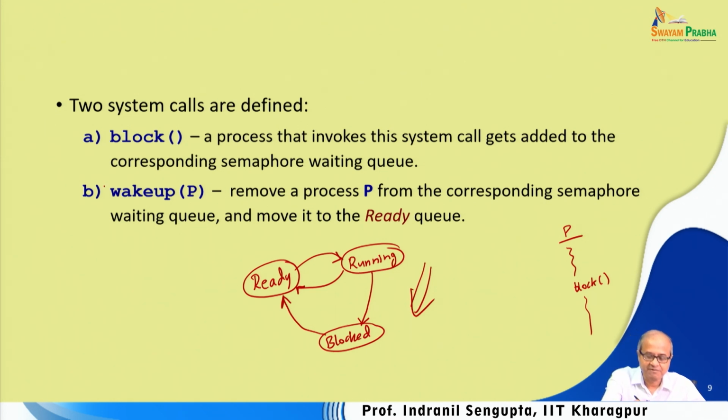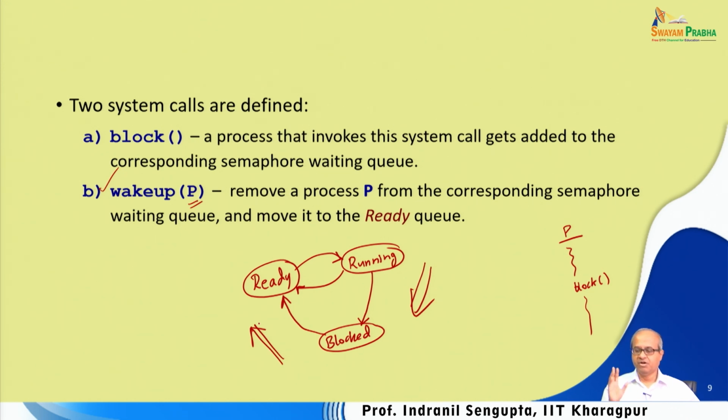Similarly, there is another function called wakeup, where you can pass a parameter P, which is a process ID, the ID of a process. So, when you call wakeup, essentially you are activating this transition. You take that process away from the semaphore queue and move it to the ready state. It was earlier blocked, now it is again ready to execute.